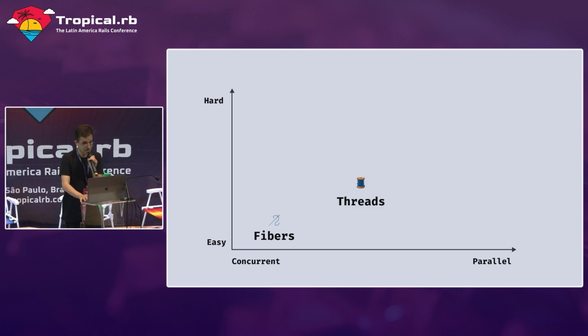We have threads, which are not actually parallel, but at least they switch automatically on I/O, so you can wait in parallel, but they are a little heavier. Then we have Ractors, which are truly parallel, but they are cumbersome because everything has to be immutable, and we are just not used to doing that. And lastly, we have processes, which are also parallel, but quite cumbersome and heavyweight.